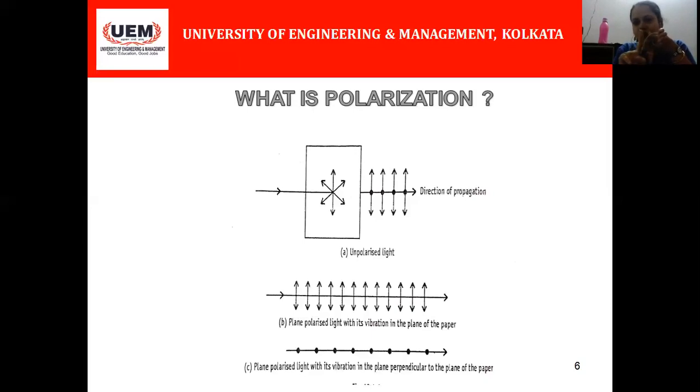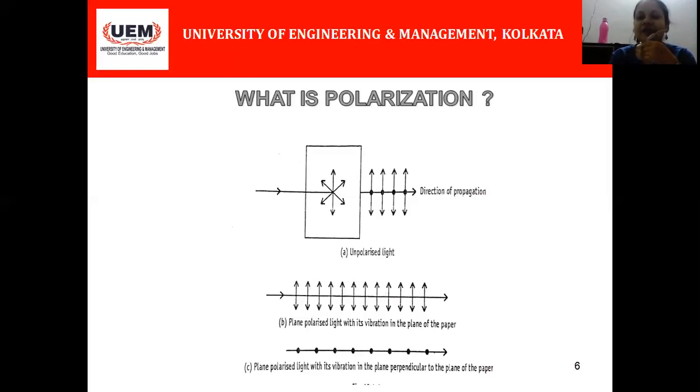So it is confined to your computer screen. So it can only vibrate in the direction which is formed by the intersection of the xy plane with your computer screen. So it can vibrate along this direction. So then I say, as I see from figure B, that I have been able to polarize light.